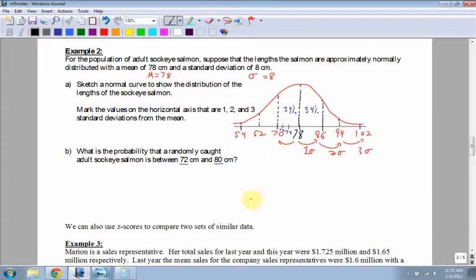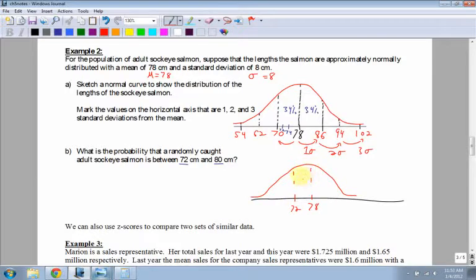So I need to redraw this normal curve, which I'm going to do. I have my value of 78. I'm going to expand this a bit, 72. It's a terrible curve. I'm going to redo that.